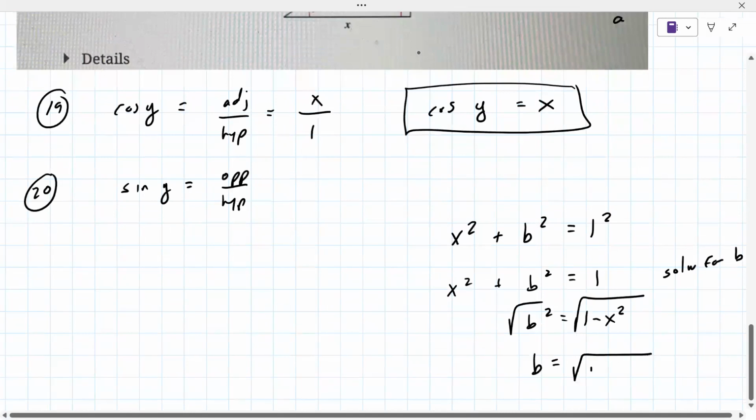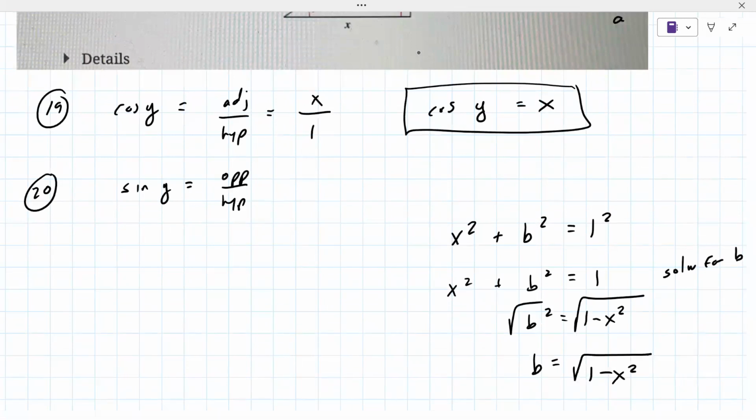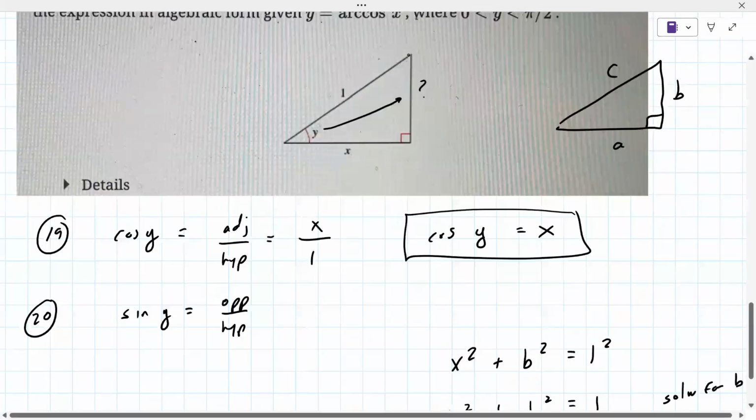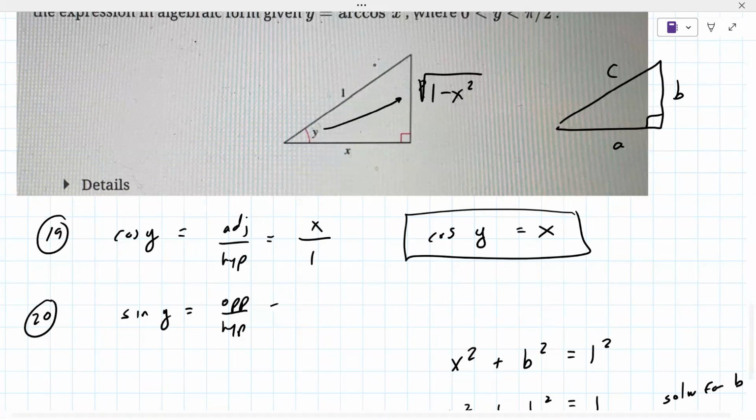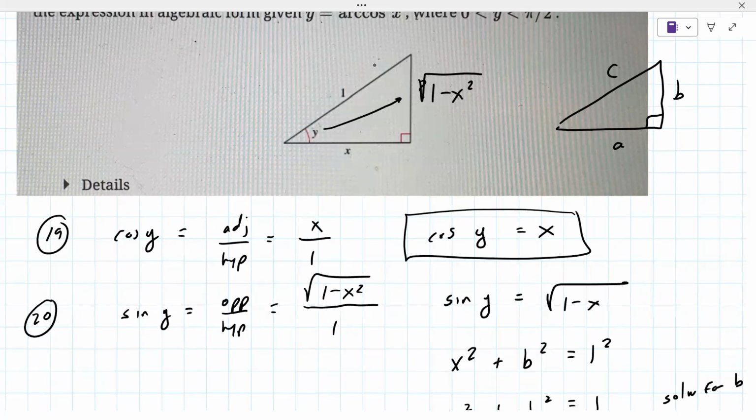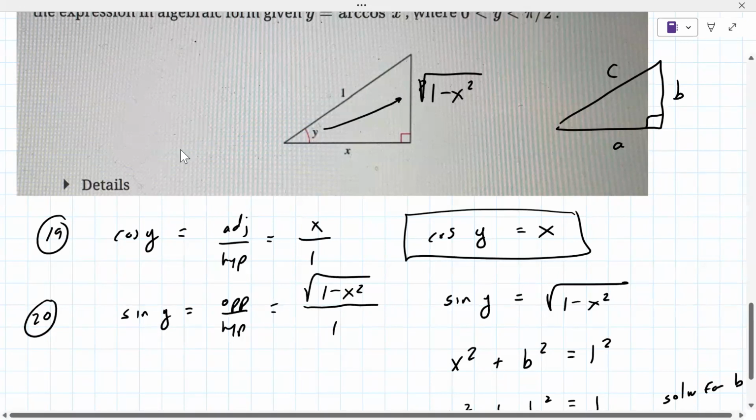B equals the square root of 1 minus x squared, like that. So it's not like problems where you get a number, you get an expression for the side. So the sine of y is just the square root of 1 minus x squared over 1, like that.